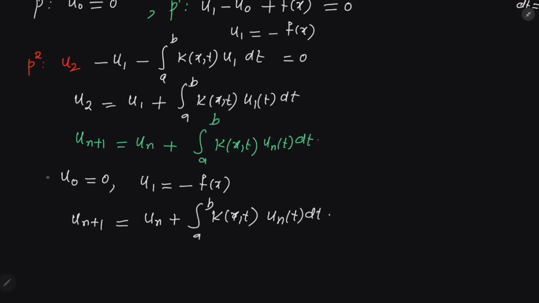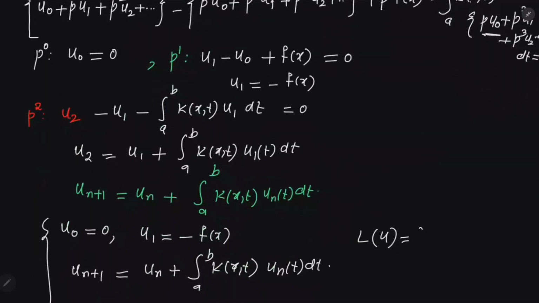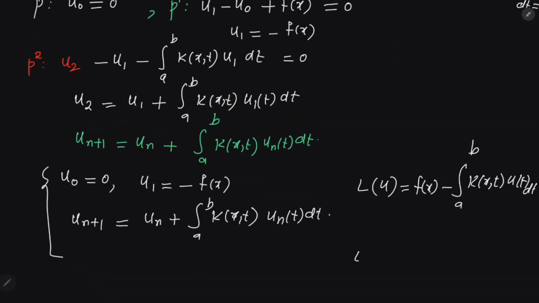This is the case when we have the linear operator defined as L of u = f(x) minus ∫ from a to b k(x,t) u(t) dt. But if you have an operator defined as ∫ from a to b u(t) dt minus f(x), just try it yourself.